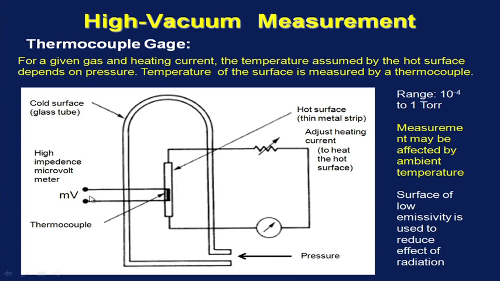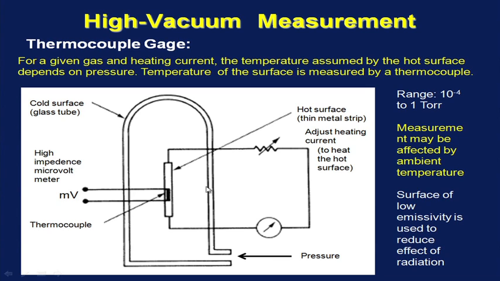We will talk about thermocouple later when we talk about temperature measuring instruments. For the time being, it will be sufficient to know that a thermocouple is a temperature measuring instrument which gives us millivolt as output. We use a high impedance microvoltmeter to measure the millivolt that the thermocouple gives us as output. So, this millivolt is a measure of the temperature of the metal strip.